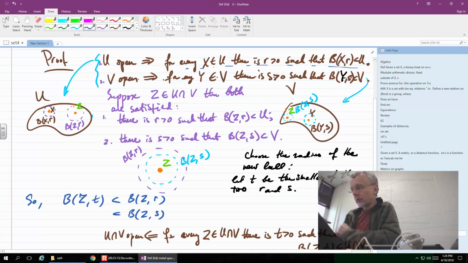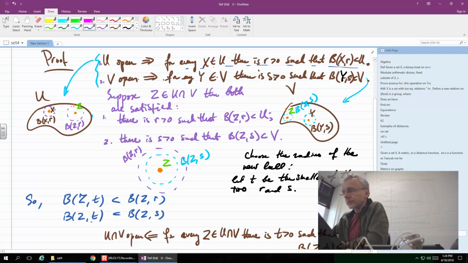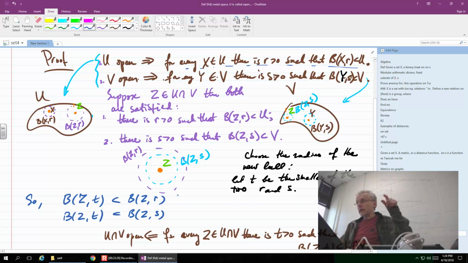Same center, smaller radius. Why is it important? Because according to those two statements in the middle, B(Z, R) is a subset of U, and B(Z, S) is a subset of V.